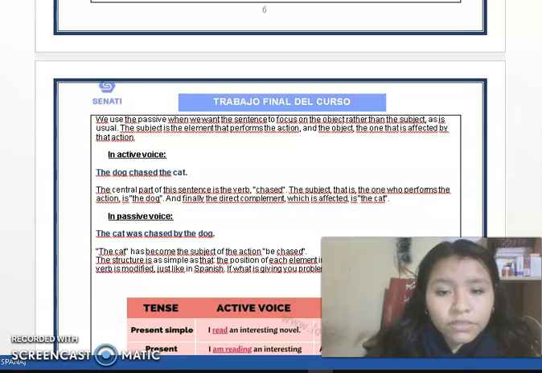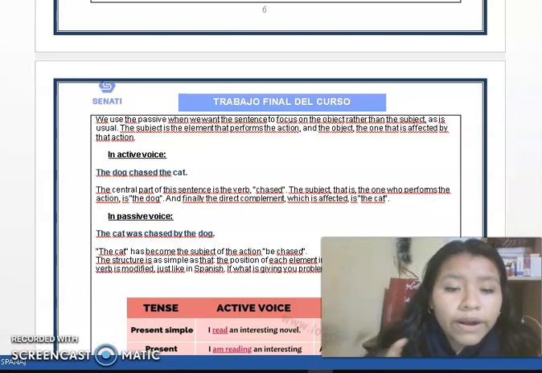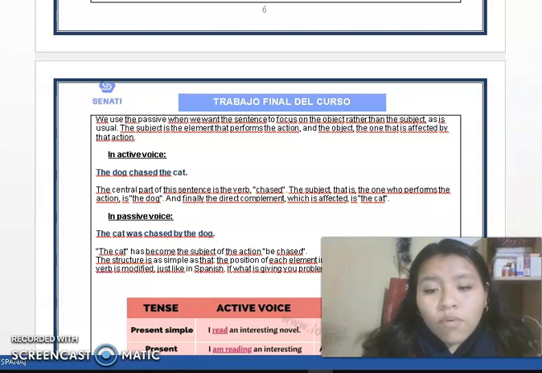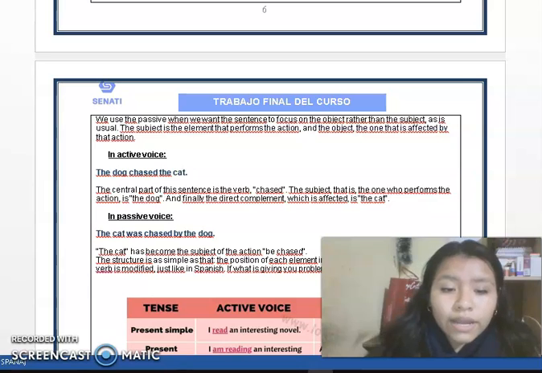In active voice: the dog chases the cat. The central part of this sentence is the verb chase. The subject that performs the action is the dog, and finally the direct complement which is affected is the cat.